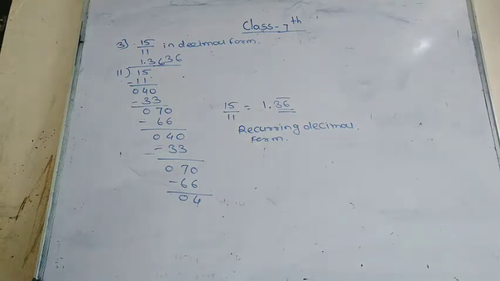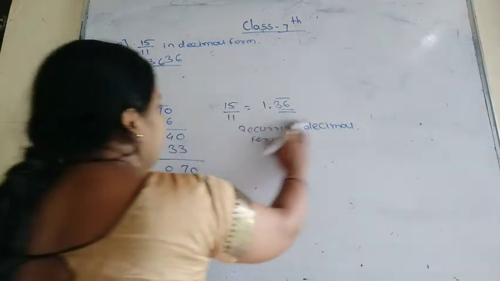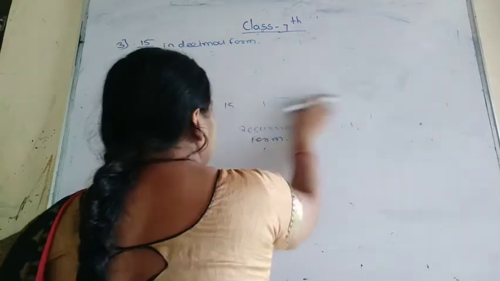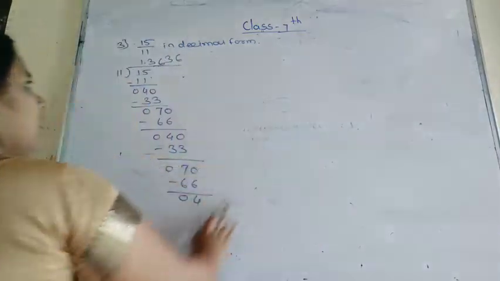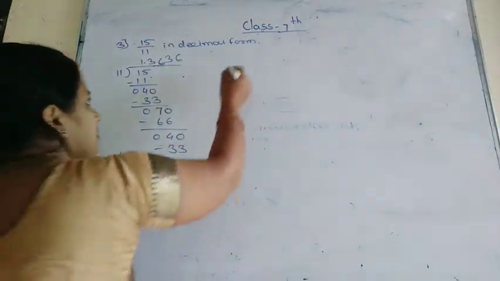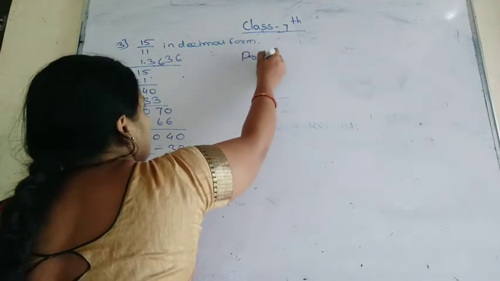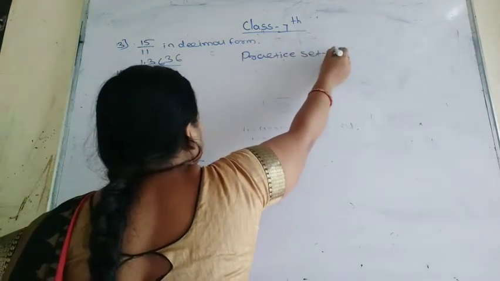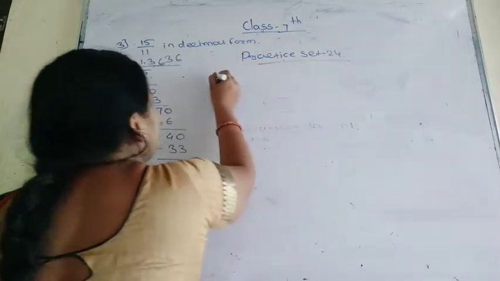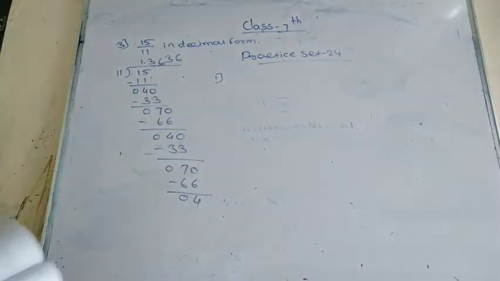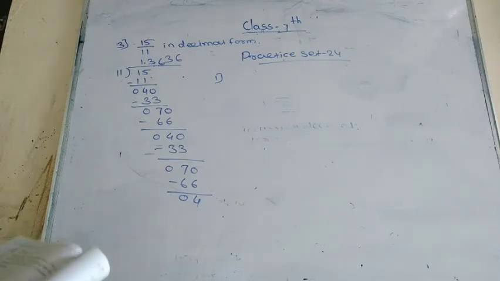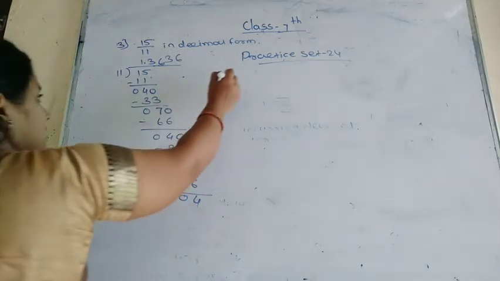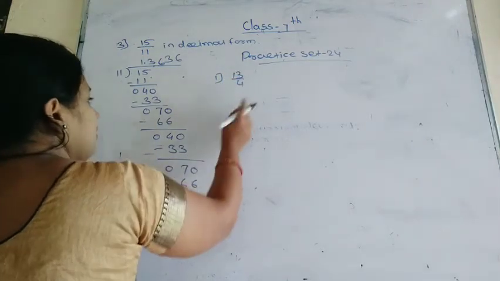Then see here, Practice Set 24. Question 1. Write the following rational numbers in decimal form. First one, 13 by 4.